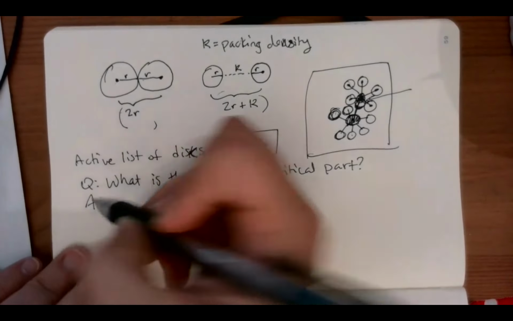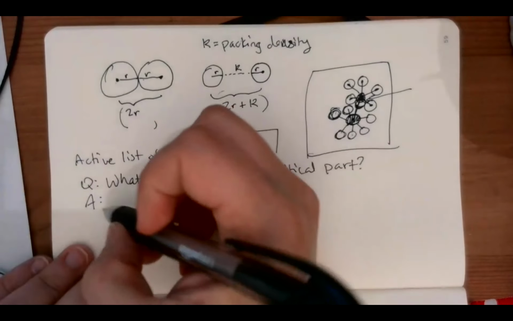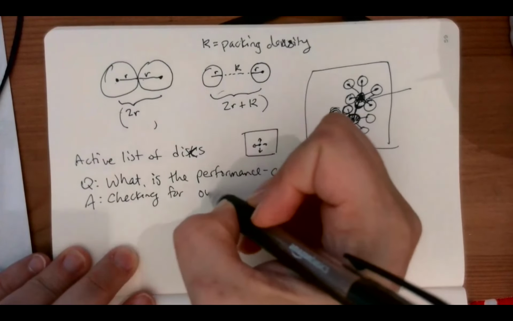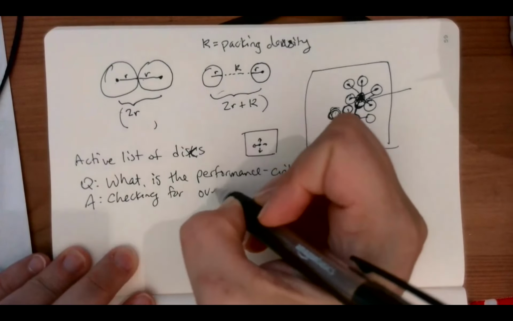Okay, and the answer is checking for overlap. For each of these disks that we consider adding, we have to go through our list of active disks and figure out whether it intersects with any of them, which is its own calculation.